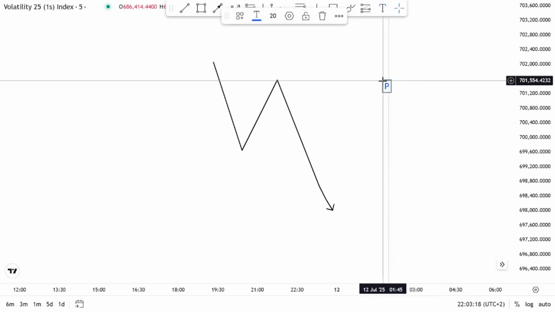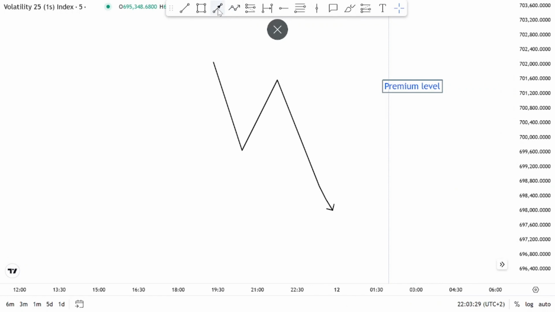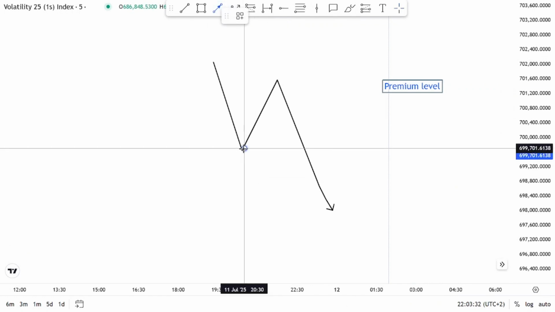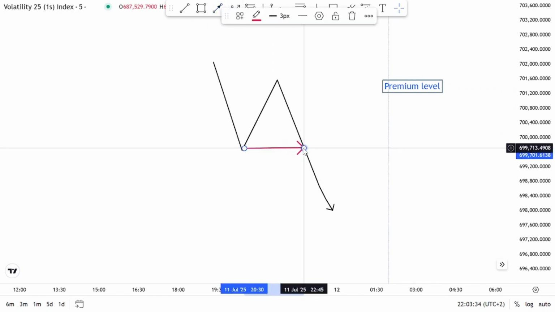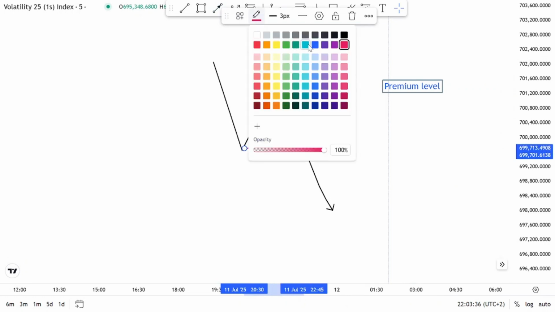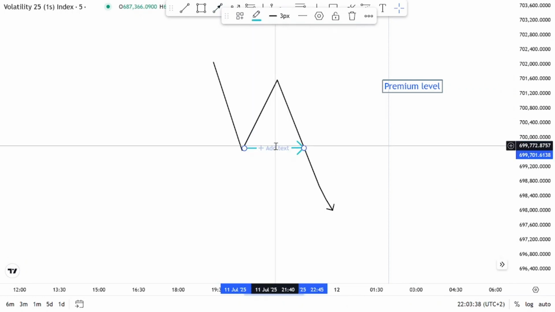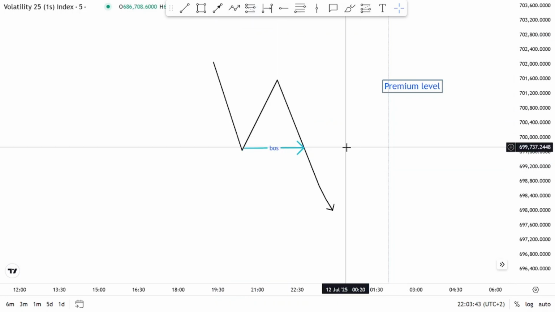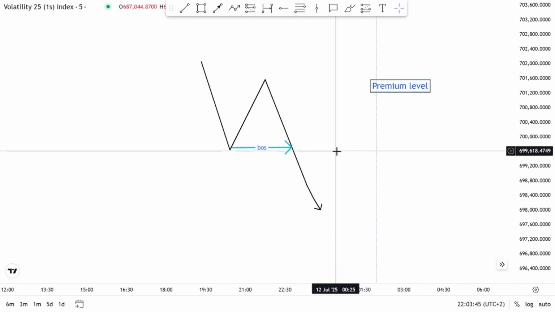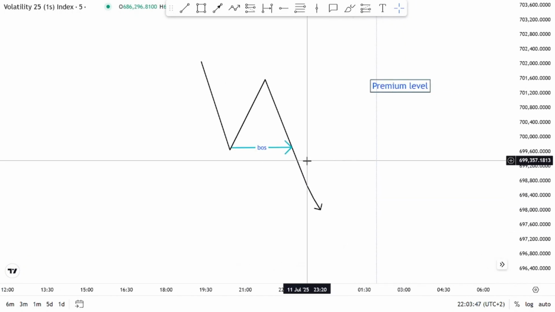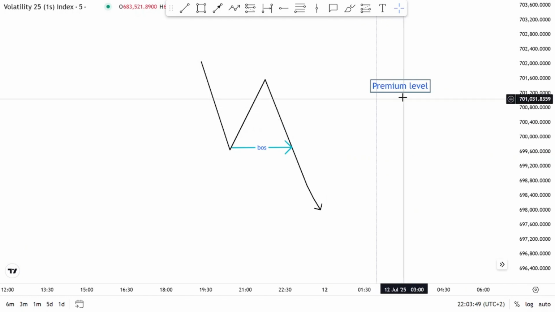So we had a breaker structure here. When it comes to selling, we sell at the discounted level. Sorry, we sell at the premium level.